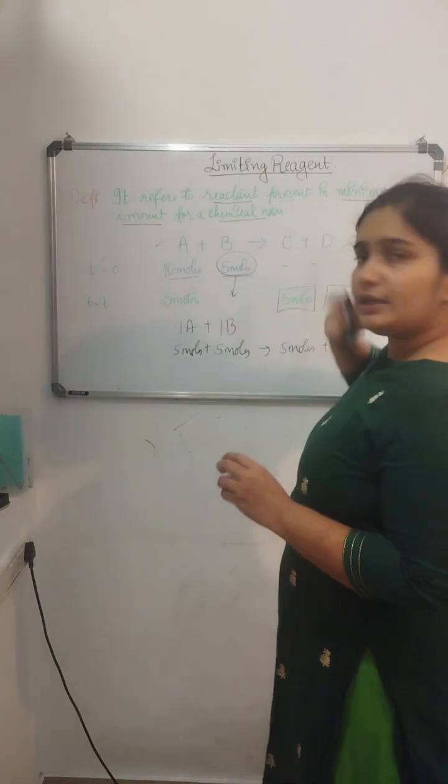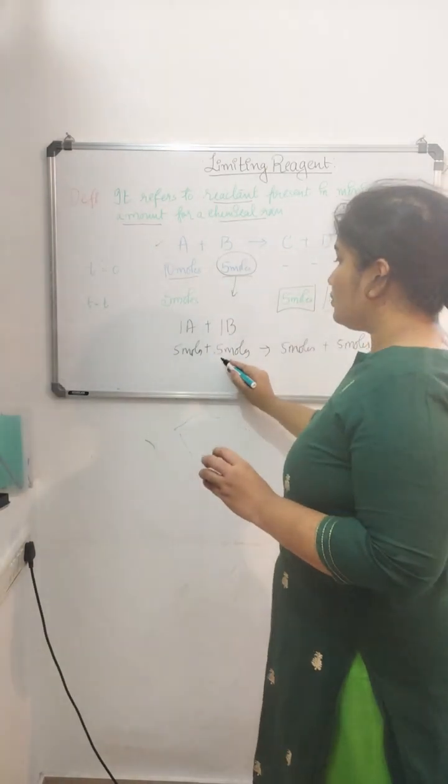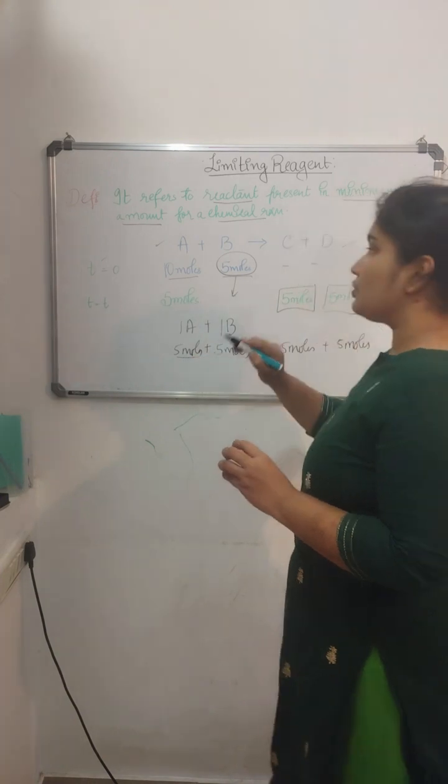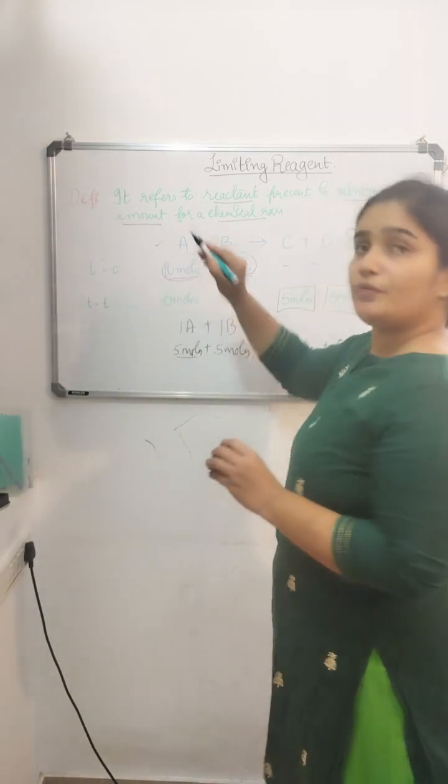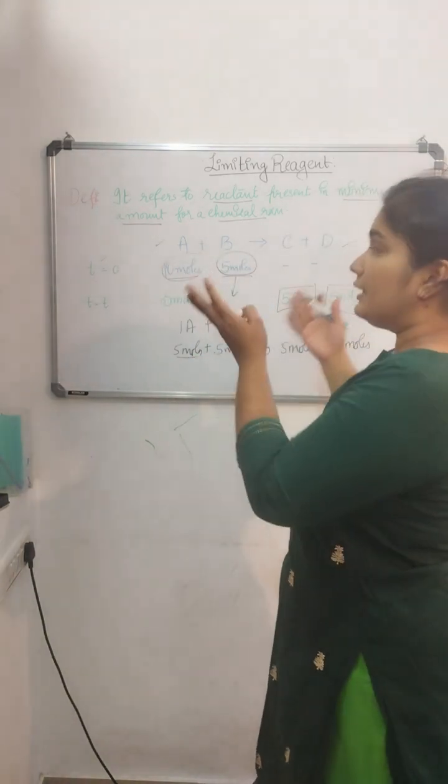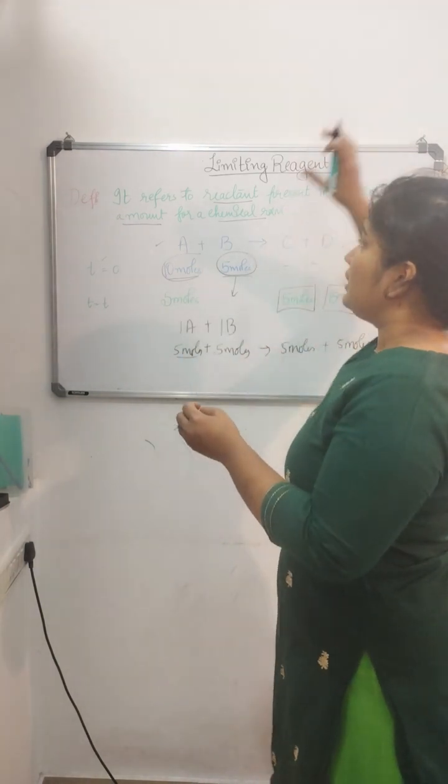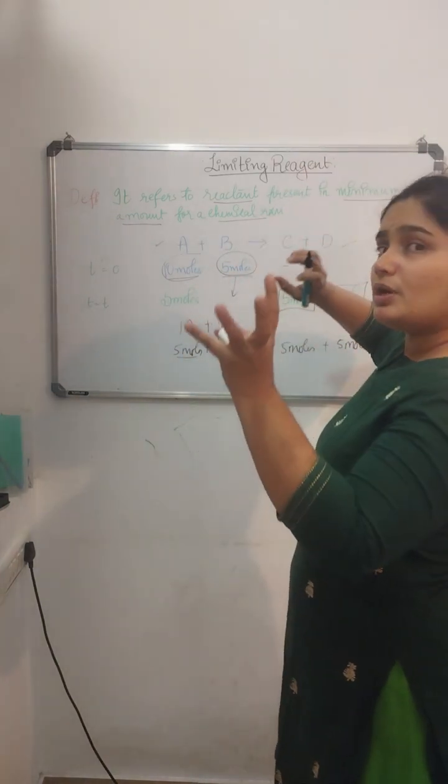So I had only taken 5 moles of B, so it uses 5 moles of A, although there were 10 moles of A present in the given reaction mixture, but the amount of B present was 5.